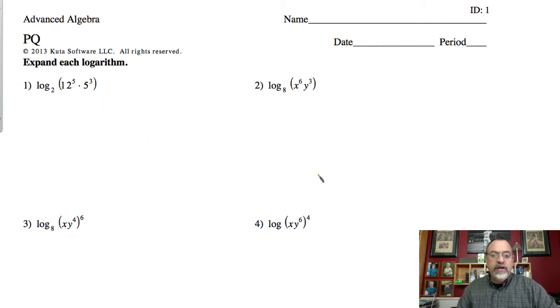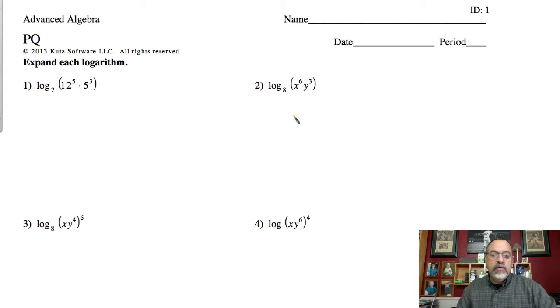I'm going to do 15 where we take a single logarithm like we have here and expand it into its expanded form using the properties of logarithms, and then I'll do 15 where we have an expanded form and we need to get it down into its condensed form into a single logarithm.